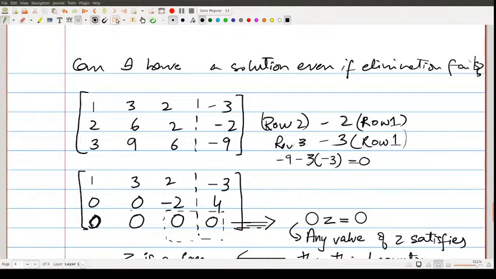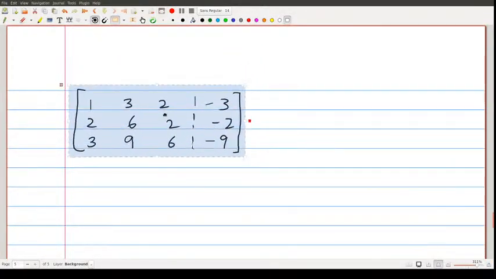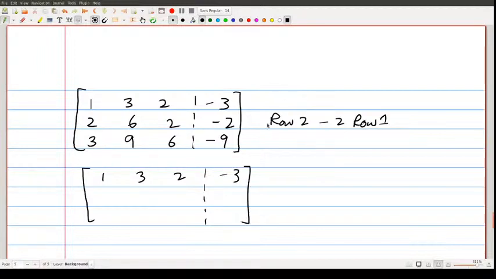Let's do the elimination again and see if we can find the mistake in this system. Row 2 minus 2 times row 1: I get 1, 3, 2, minus 3, and 2 times 2 is 0, 6 minus 6 is 0, 2 minus 4 is minus 2, minus 2 plus 6 is 4.